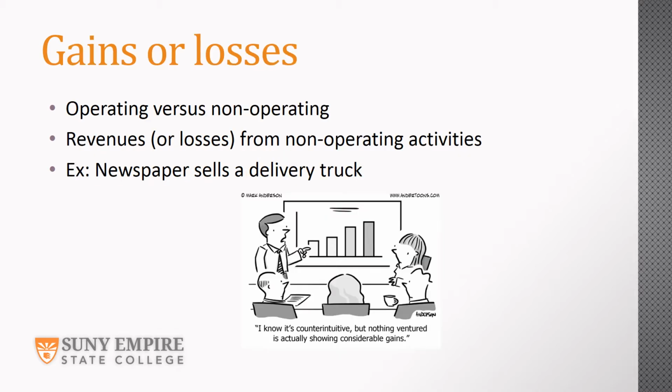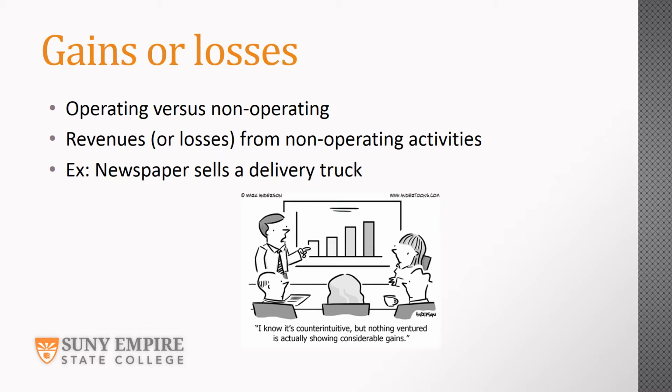Sometimes a company can earn or lose money in activities that they are not specifically in business to do. Operating revenues and expenses come from the primary business activities of a company. Otherwise, revenues or expenses are referred to as non-operating if they exist outside the primary business activities.